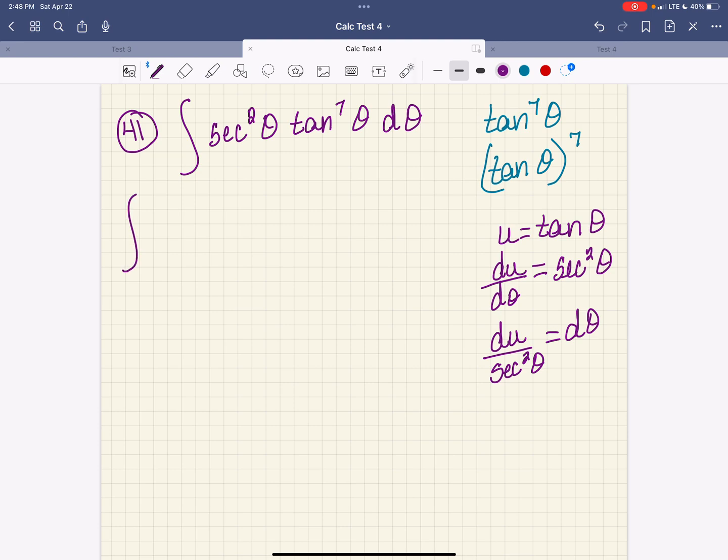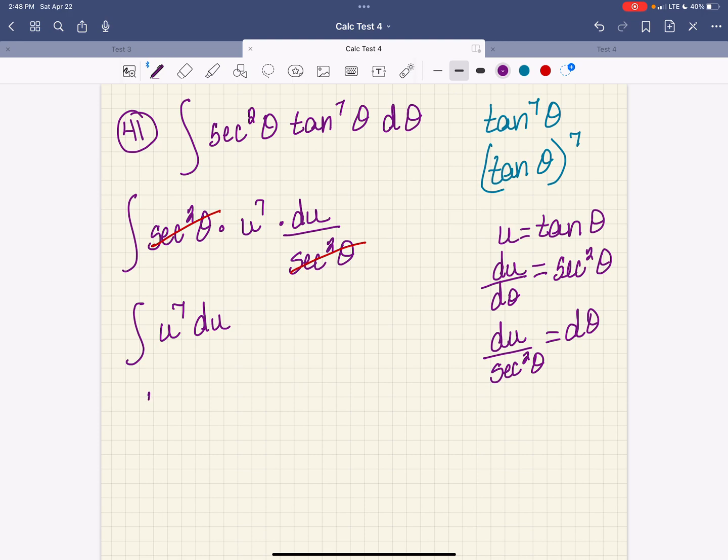Remember our u is tangent theta. So I'm going to go back here, and I've got secant squared of theta times u to the 7th power. Remember, u is tangent of theta, and tangent is raised to the 7th power. Then I'm going to plug in du over secant squared of theta. Those cancel, so I've got the integral of u to the 7th du.